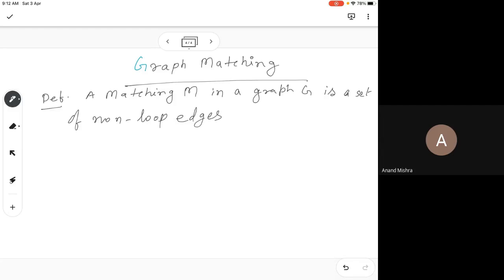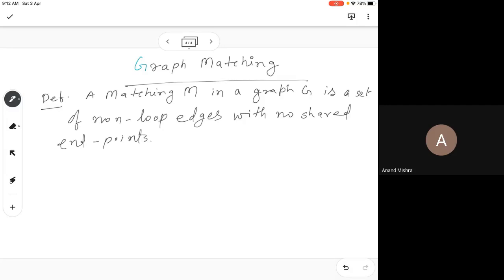Why non-loop? Because matching is usually done between two nodes, not the same node. So non-loop edges with no shared endpoints. All right. So what does it mean? It's something like this.